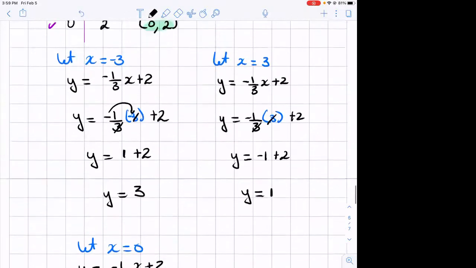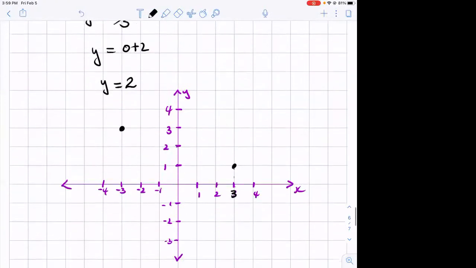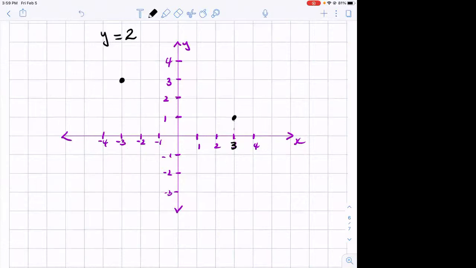And then the last point to plot is x is 0, y is 2. Remember 0 is here, y is 2. And then if I connect those three dots, we have this line here.